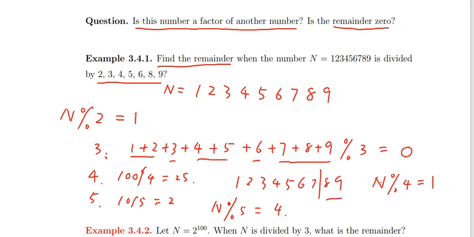So how about 6? For 6, we have a little bit of trouble. For this problem, we can divide by 6 directly. Like 1 to 12 can be divided by 6, and for 34, 30 can be divided by 6.